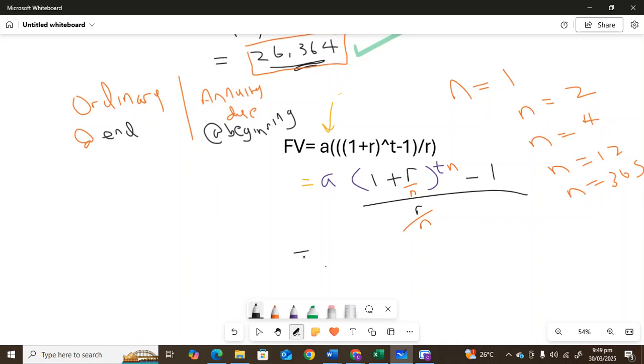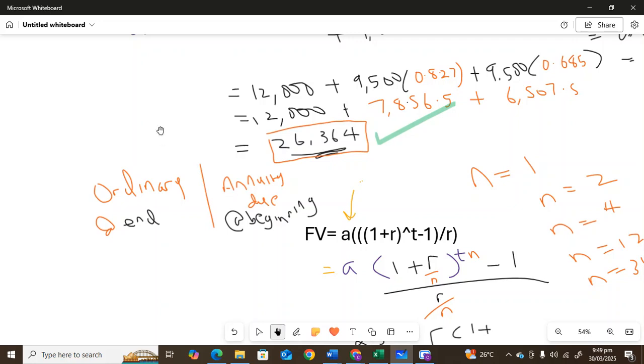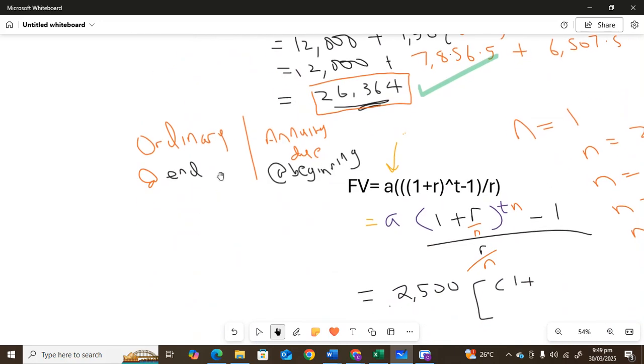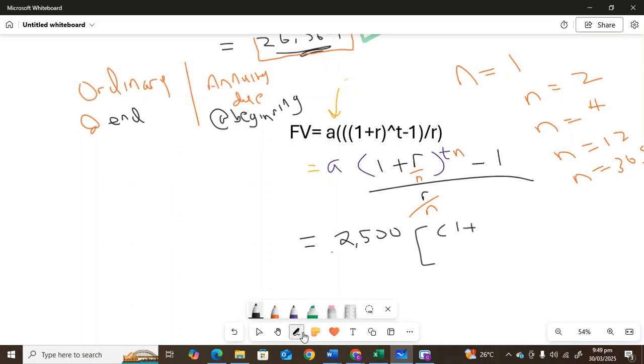So we're being paid 2,500 at the end of each year. That is our A, the amount being paid at the end of each year. Open brackets: 1 plus the rate, 26% if I'm not mistaken, so 0.26. Since the number of compoundings is 1, 0.26 divided by 1 is still 0.26.